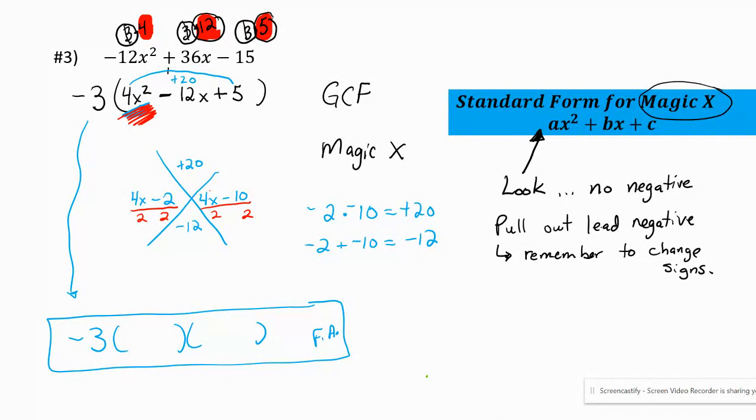We can't divide by 4s because if you put a 4 underneath the 10 or a 4 underneath the left 2, it would be fractions. Okay? So this answer would be 2x minus 1. This answer would be 2x minus 5. And just because I don't like the color there, I'm going to change that to a red -3. And there's your final answer.